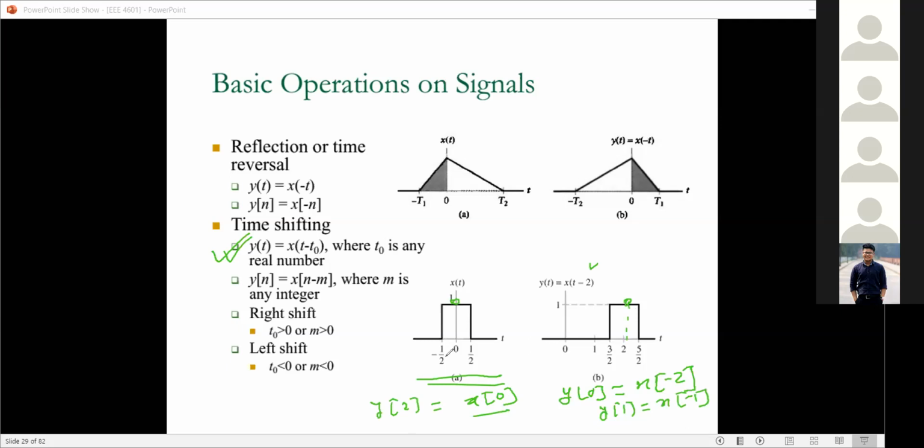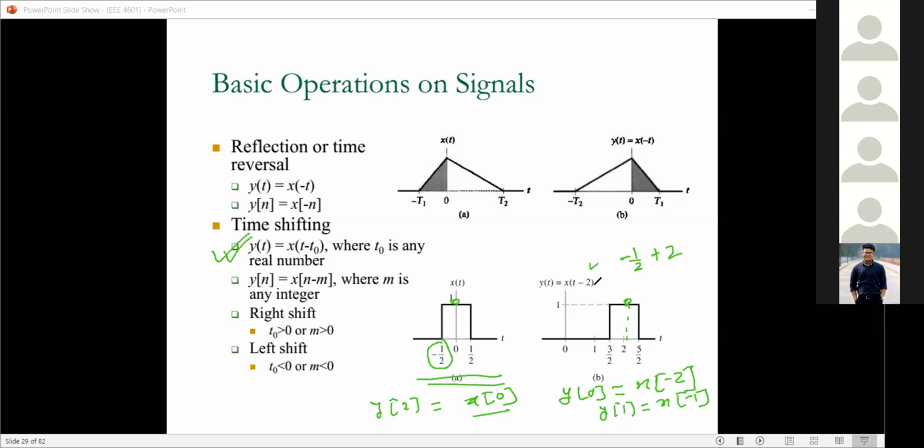In the same way, you will see that this edge is appearing at 3 divided by 2. That is simply because we are adding 2 to our time, minus half plus 2. Then every time will be shifted there.